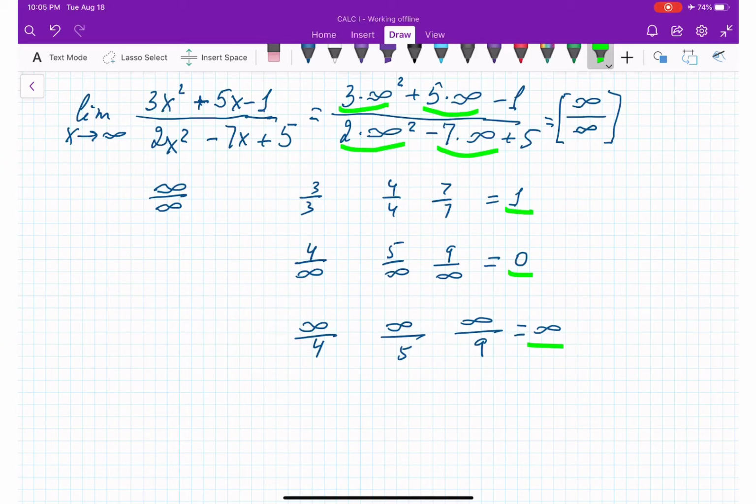One of the methods is, with x approaching infinity, to define the highest degree of the variable we have.